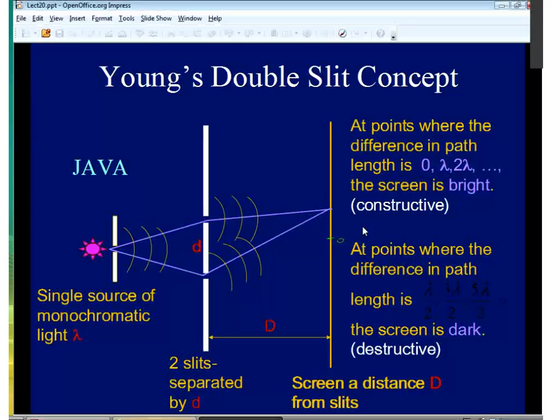So that means between one B and the other B, between 0 and lambda, there has to be a D, lambda by 2.